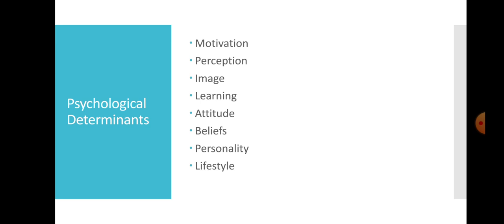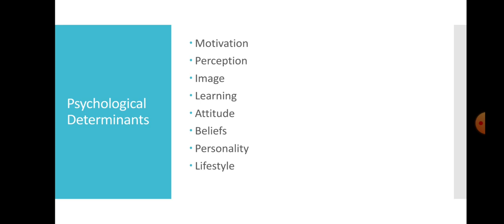Then store perception, the store image in the mind of the consumer, and risk perception. For example, the consumer may think that certain electric appliances consume less electricity, or are shock proof. So perception plays a very important role in deciding consumer behavior.